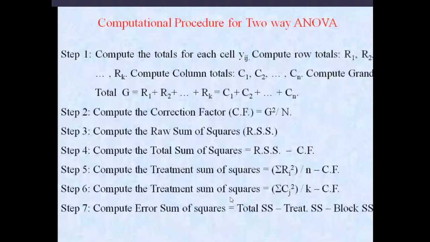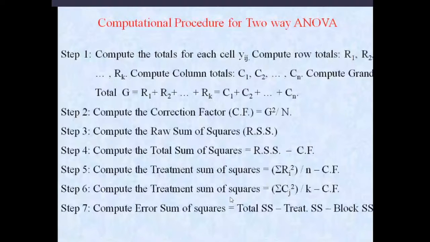And the treatment sum of squares, whether it is due to factor A or due to factor B, is always computed the same way.